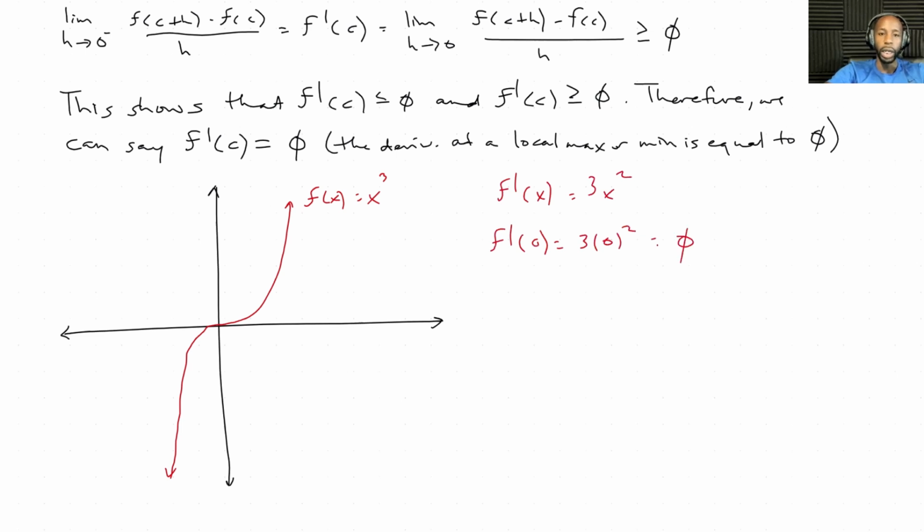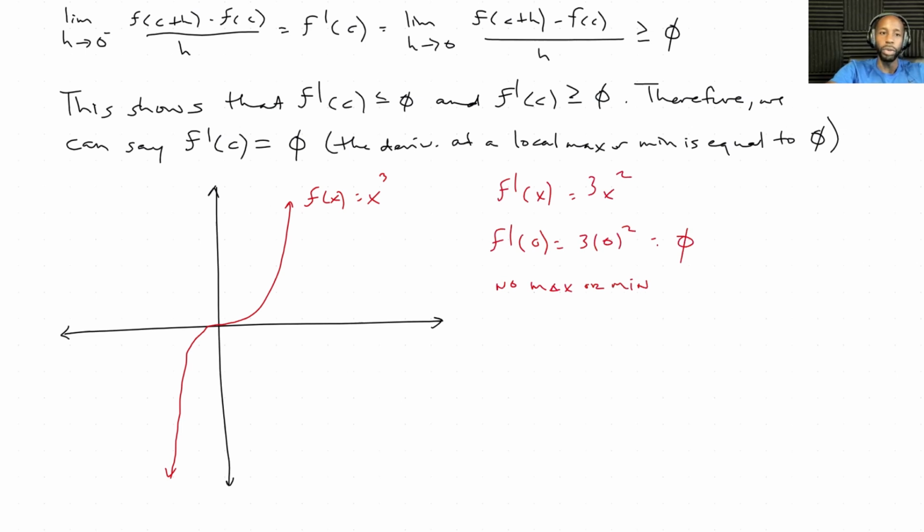However, is there a maximum or a minimum here? The derivative does exist, but is there a max or a min here? No. So Fermat's theorem doesn't apply here because there's no max or min when you actually graph the thing, right?